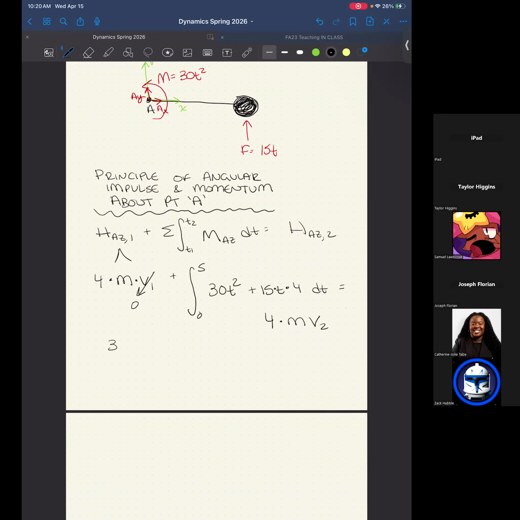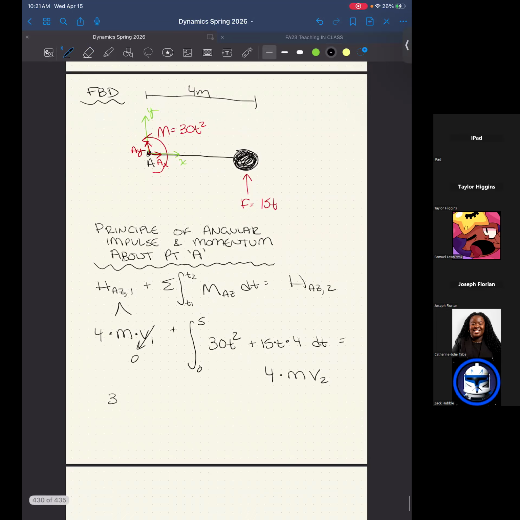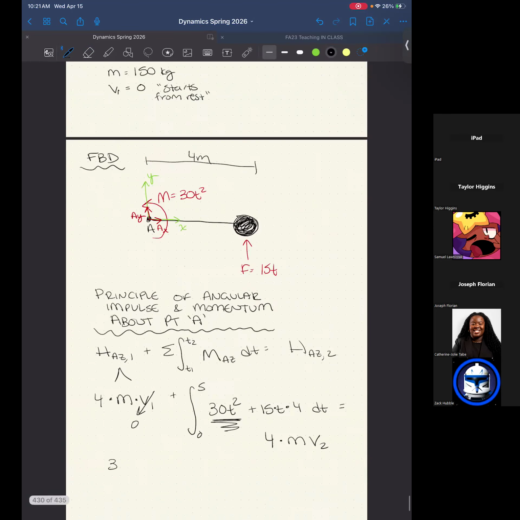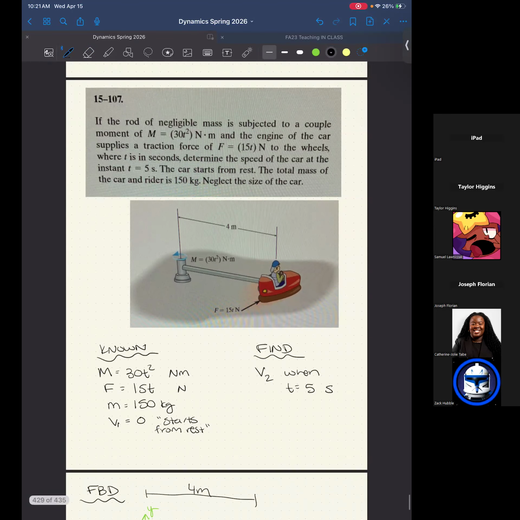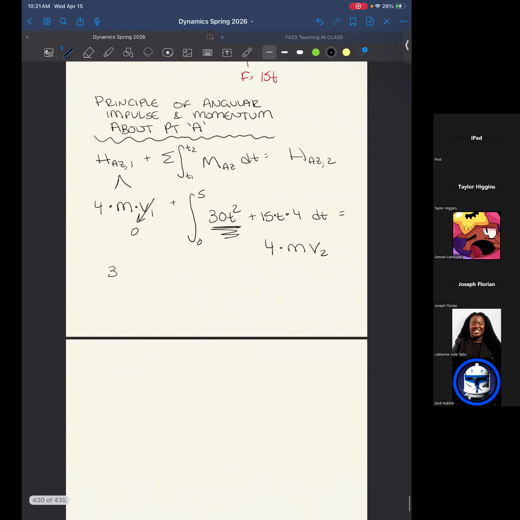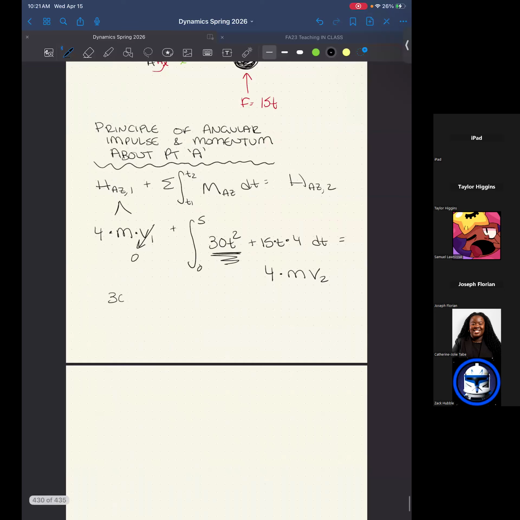I thought the moment was r squared. Did I miss it? I thought it was 30r squared for the moment. 30t squared. Can I look at it on the equation? I must have just completely misread it. Okay. I'm tired. All good. Okay, so 30t cubed over 3 plus, is that 60?